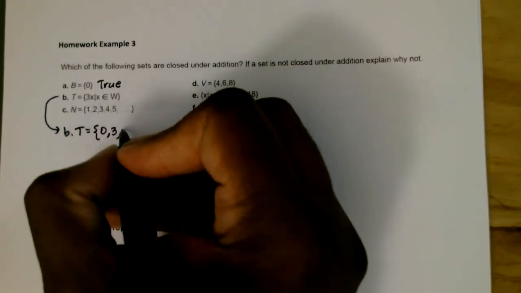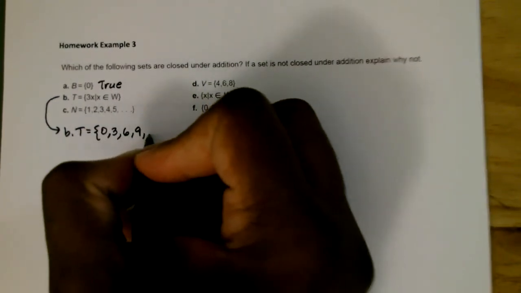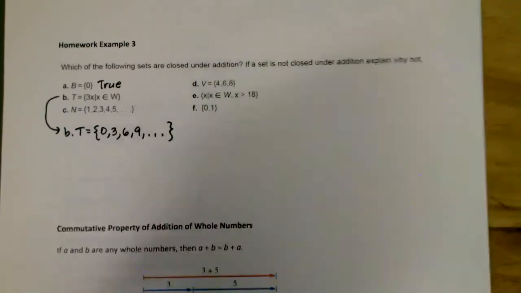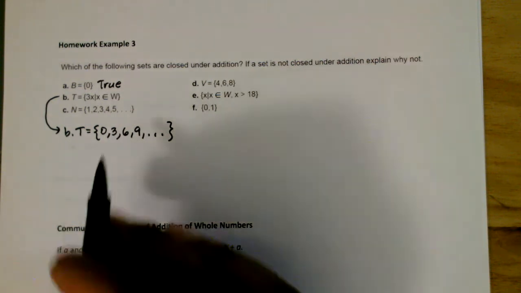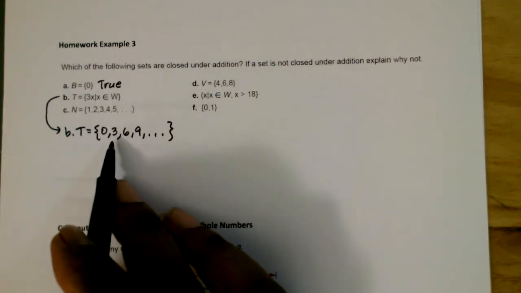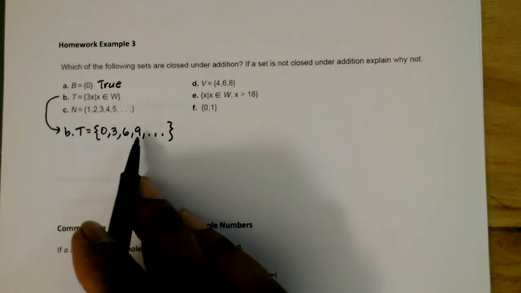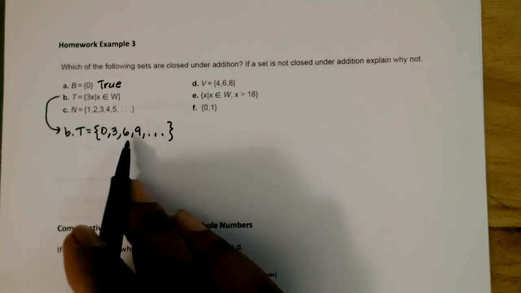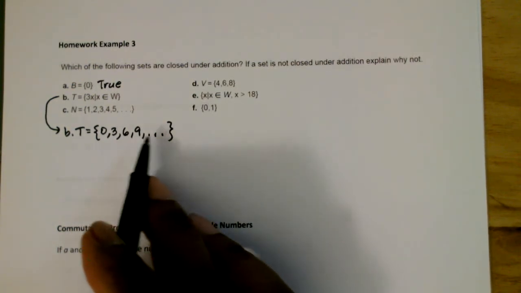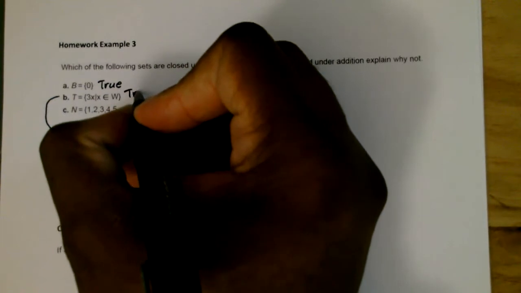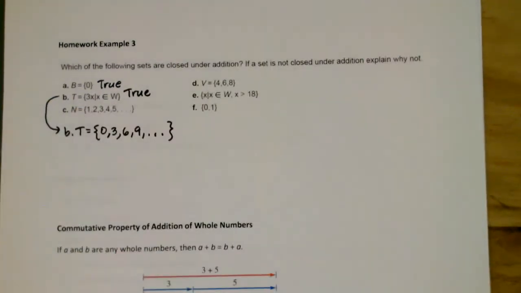For 2, 3 times 2, which is 6, then 9, and so on. That would be closed under addition, because if I take 3 and 6 and add that together, I would get 9, and 9 is in that set. Also, 9 plus 6 will be 15. Since this is an infinite set, that means 15 is included in that set, because 15 is a multiple of 3. So this will be true as well.